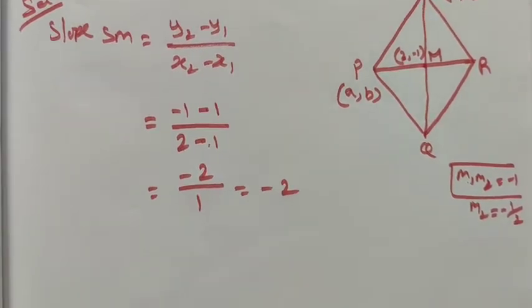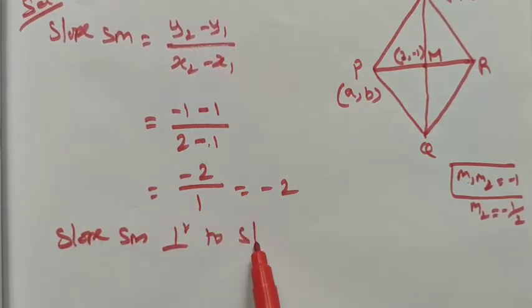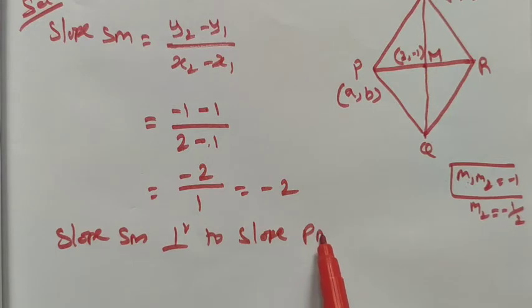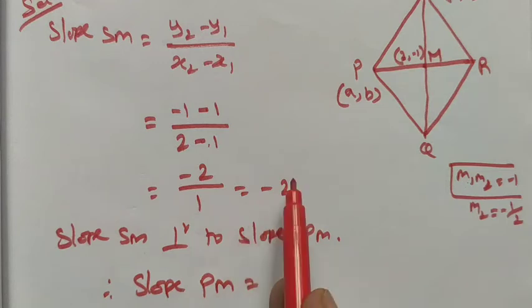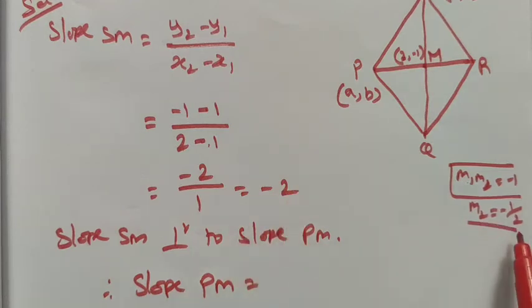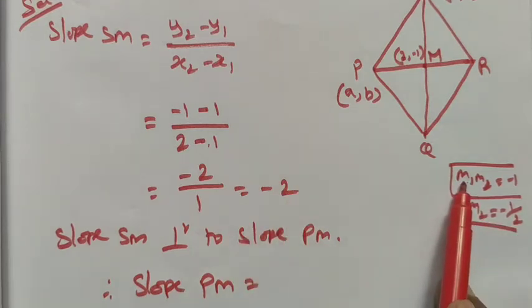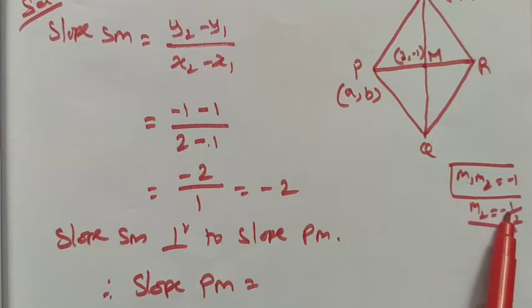Now SM is perpendicular to PM. Therefore, the slope of PM is the negative reciprocal of this number. I already told you, if one slope is given, then the next slope is the negative reciprocal.